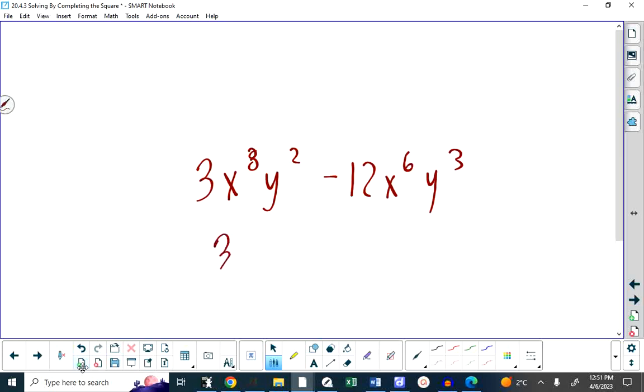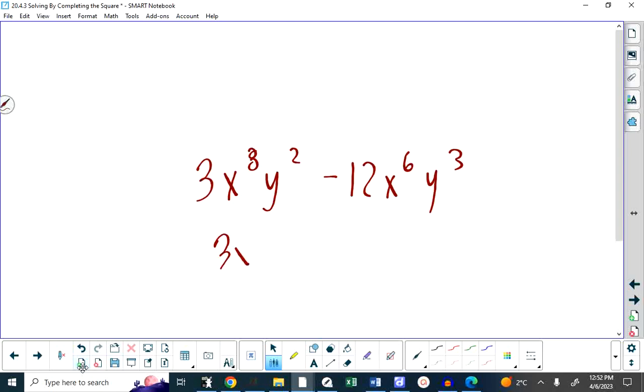We can factor a 3 out of everything. Can we factor any x's out of that? How many should we factor out? And when I say how many, if you factor out x to the 4, we're factoring out x, x, x, x. We're factoring out 4 of them. How many x's can we factor out? 6, good.